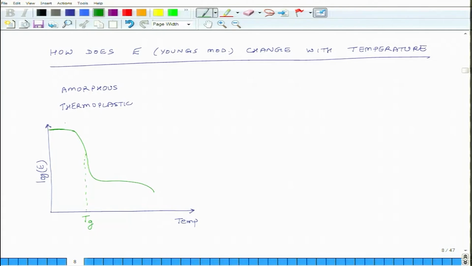So, here in this zone, this is zone 1, this is zone 2, and this is zone 3, and this is your Tg, glass transition temperature. This drop may be significantly high.